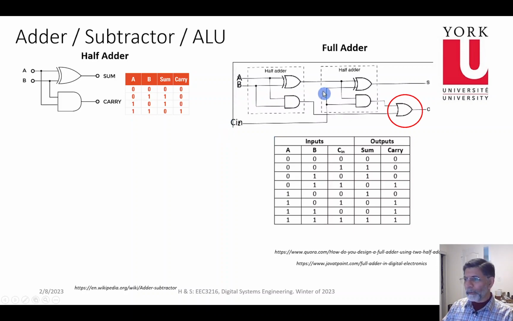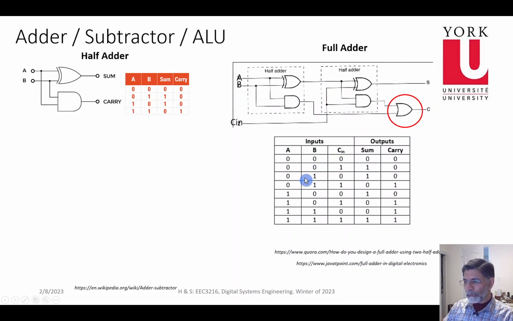That's a full adder, and it can be made using 2 half adders as shown here, plus one more OR gate. And that's the truth table of a full adder. Again, you can see the full adder has 3 inputs, unlike the half adder which has 2 inputs. So it has A and B inputs plus the carry in input. And you can see this is the truth table for that.